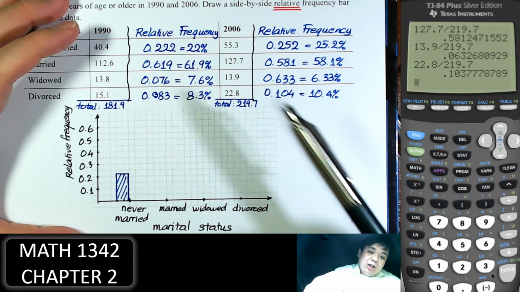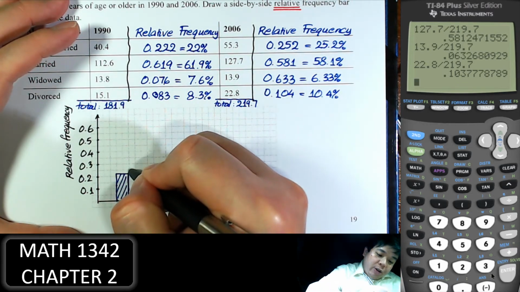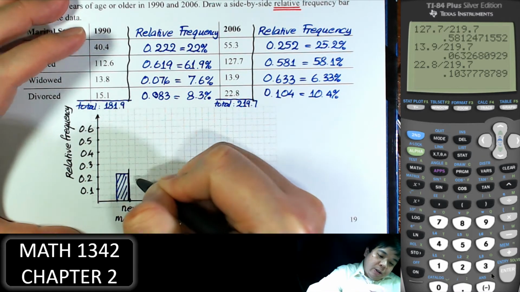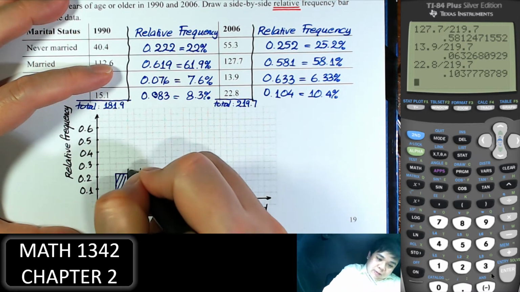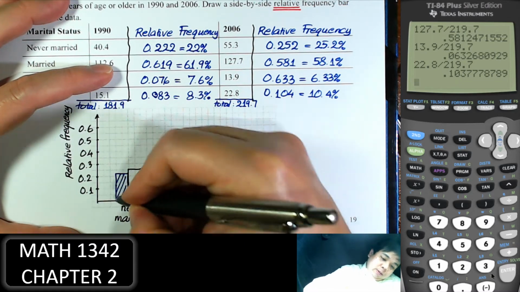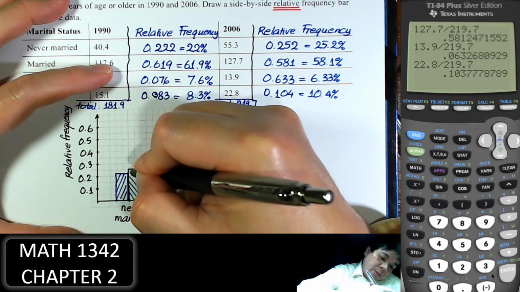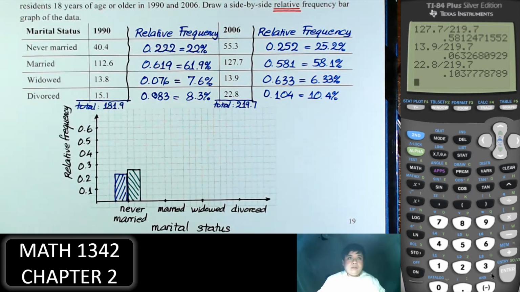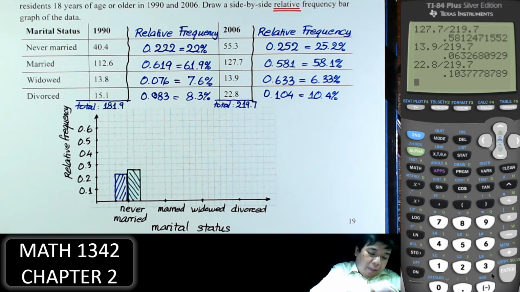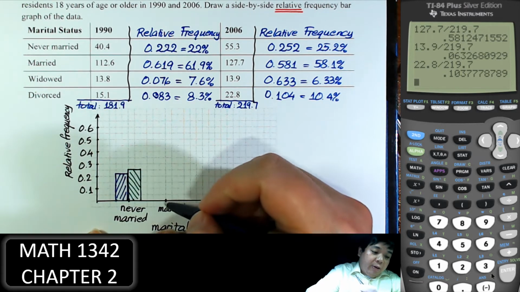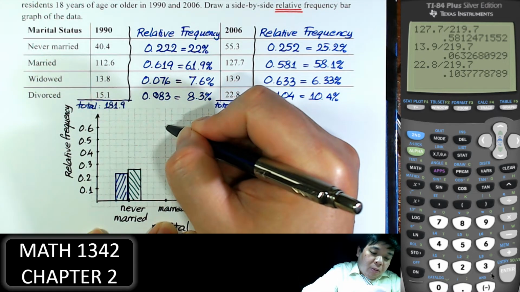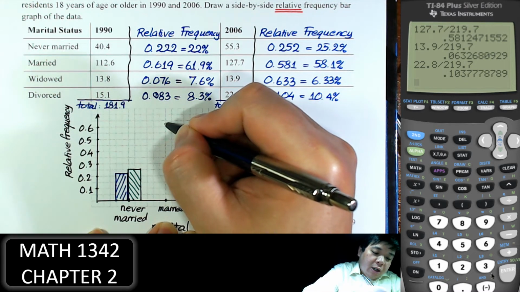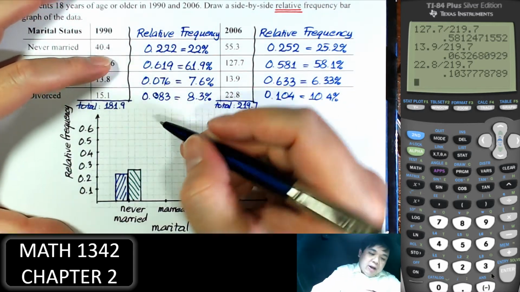And then in 2006, that's 25.2. And then 61.9 for married in 1990, about there.